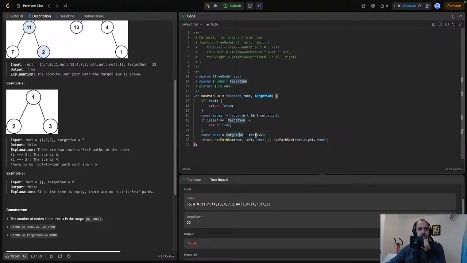Otherwise we need to take target sum minus the current value and go down a level. Oh, but this should happen sooner, I think.